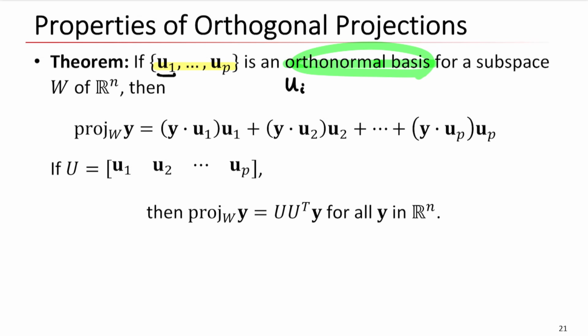So the vectors u1 through up are unit vectors. In this case, we can also represent the y hat using the vector y and the orthonormal basis, this one.